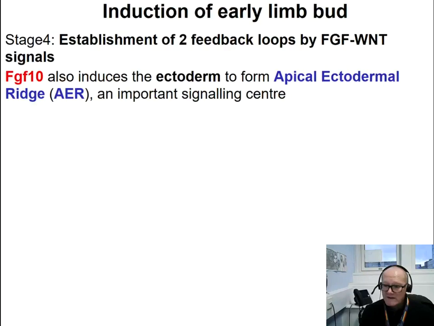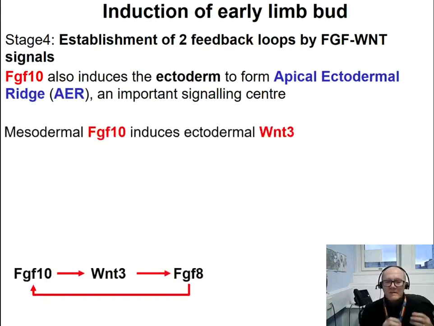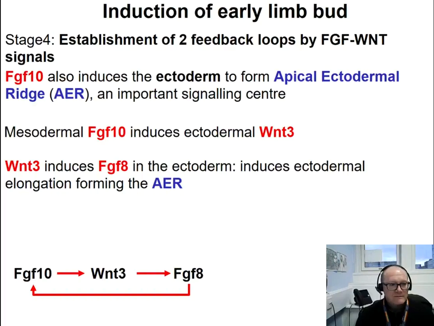So the mesodermal FGF10 induces the ectodermal expression of Wnt3. Now, Wnt3 in the ectodermal cells also induces the expression of FGF8 in the ectodermal cells.